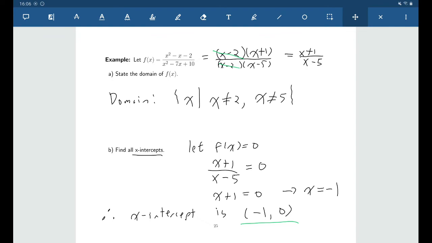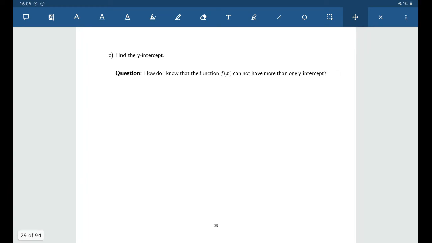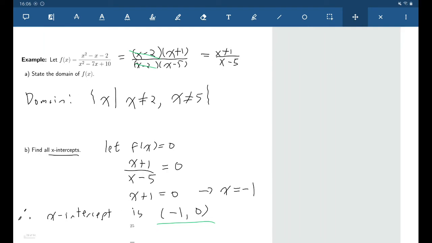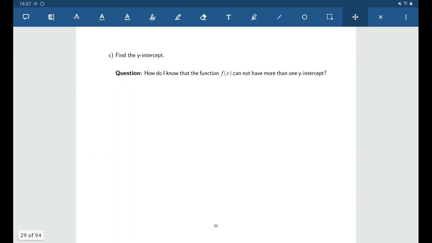So next, finding the y-intercept. And then just a little question to remind ourselves, how do I know that there's only one y-intercept at most? Notice the way that I phrased the questions. The first one in B, I said find all x-intercepts, plural, so it's possible that there could have been more than one. But in part C, I say find the y-intercept, that there's only one y-intercept.